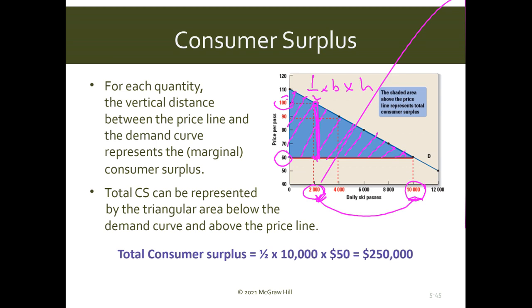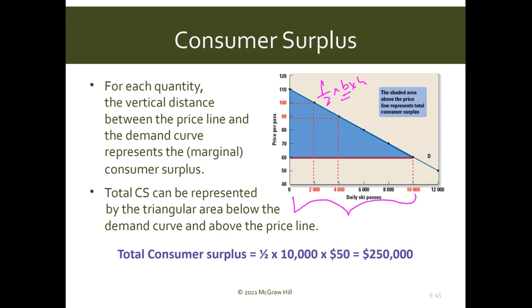So let me show you how you calculate consumer surplus. Half times base times height. What is base? Base is from 0 to the total quantity, right? 10,000. And then height is what?